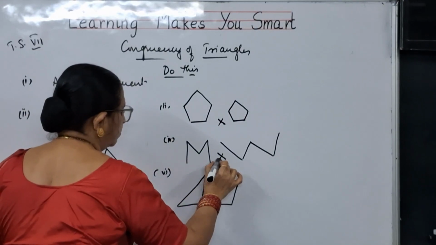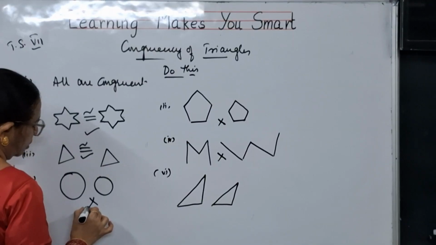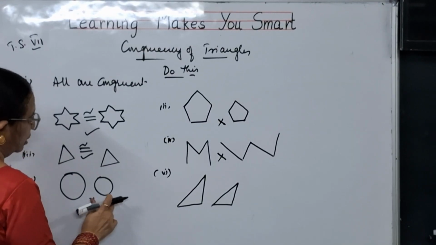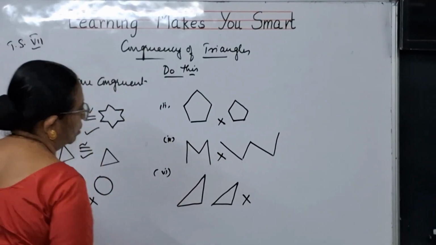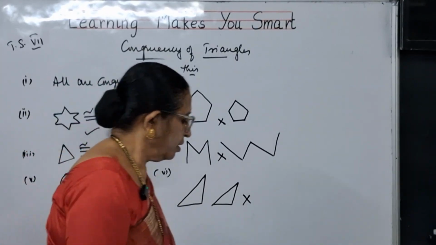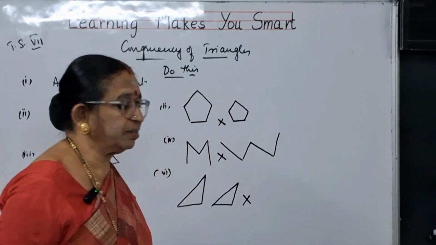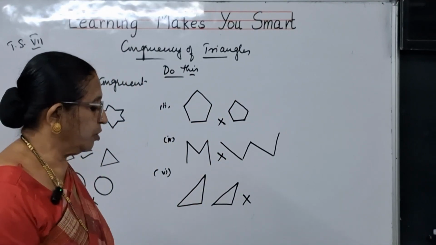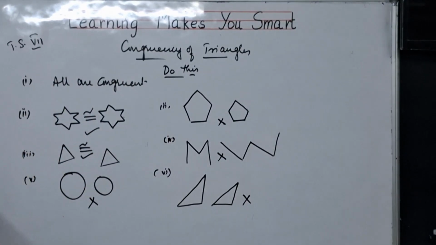These are not same because one is small, one is big. Here also, these are not congruent because one is big, one is small. Here also, these are not congruent because one is big and one is small. So in this way, by seeing the size, you can say whether they are congruent or not, children. Please note it down.